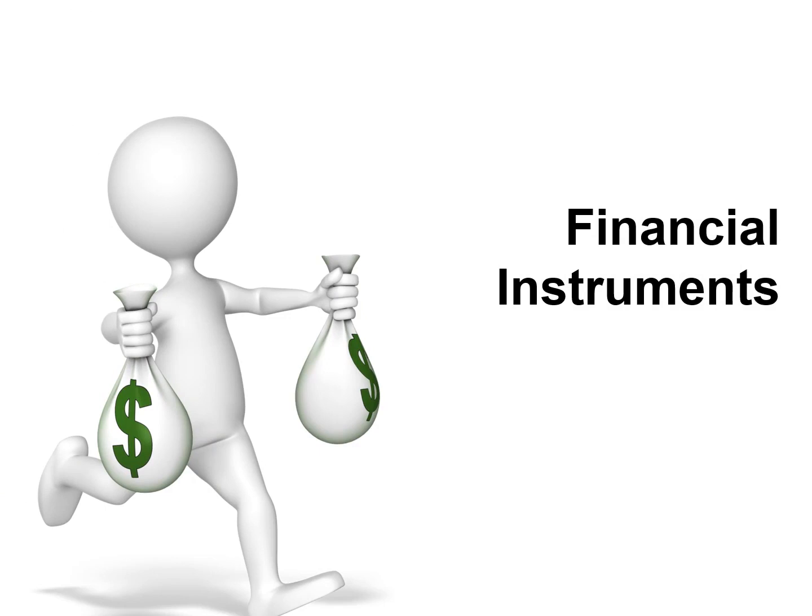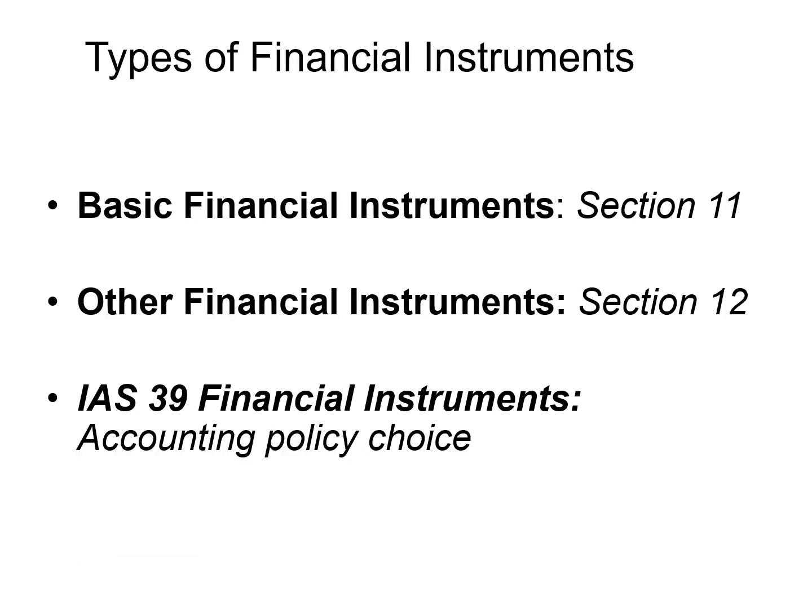Moving on to financial instruments. We have two sections in IFRS for SMEs that address financial instruments. Section 11 deals with basic financial instruments. Section 12 deals with other financial instruments, the more complicated ones.